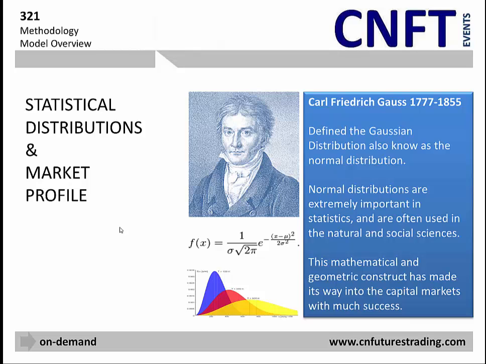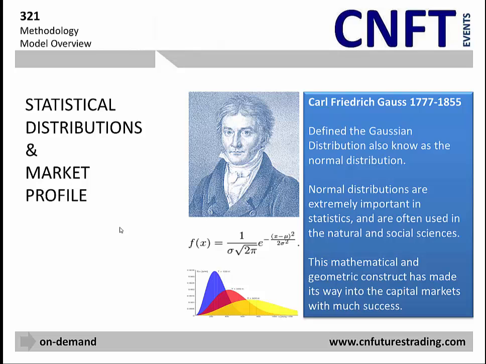Friedrich Gauss was the originator of what was called the Gaussian distribution back in those days, which is now called a normal distribution. Normal distributions are extremely important to statistics and are often used by the natural and social sciences to organize and examine data.